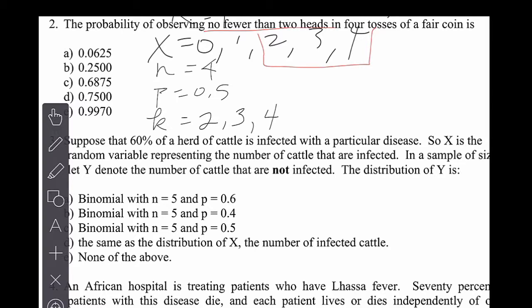So I need to set up the formula for K equals 2, K equals 3, and K equals 4.